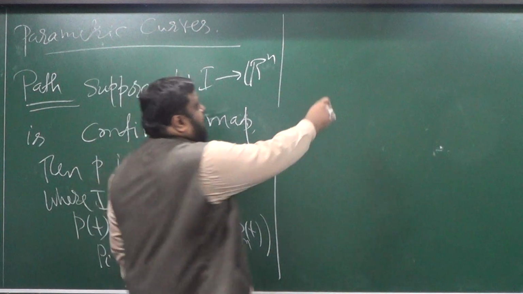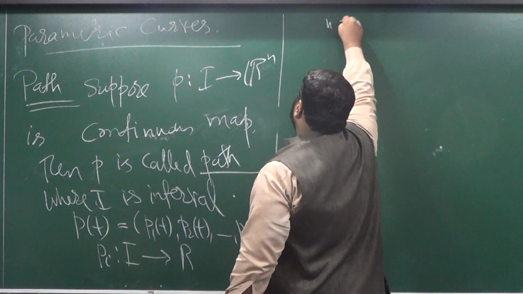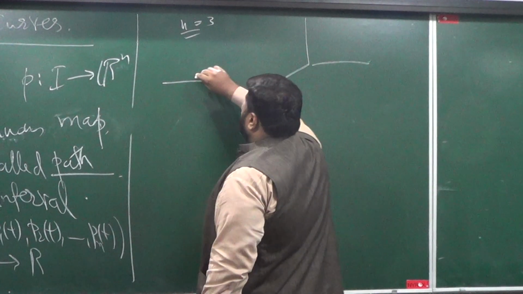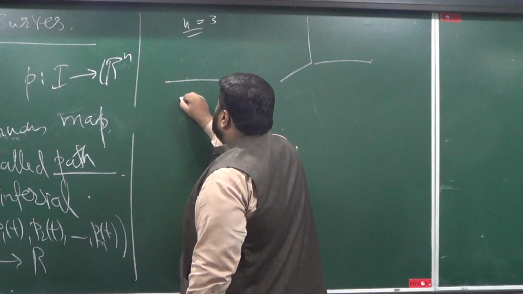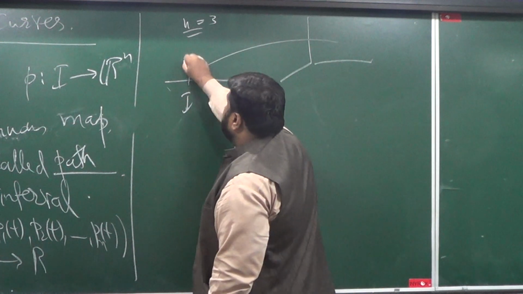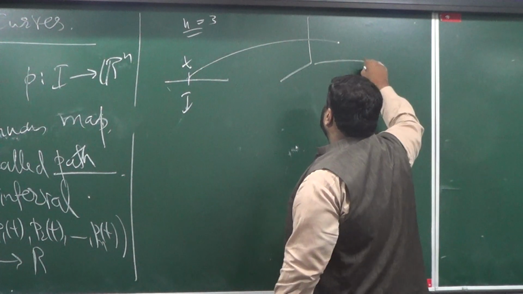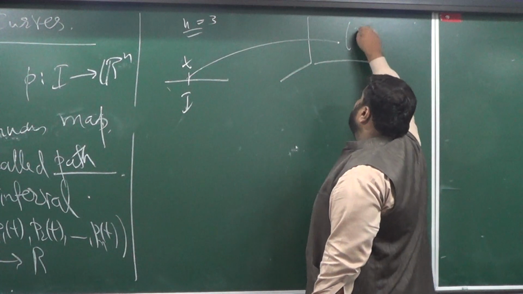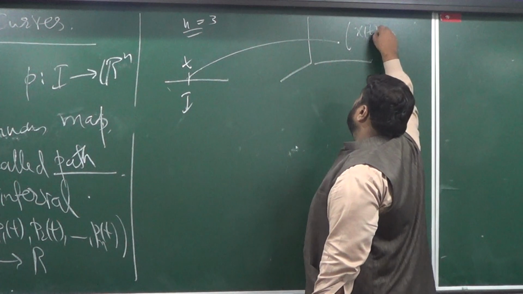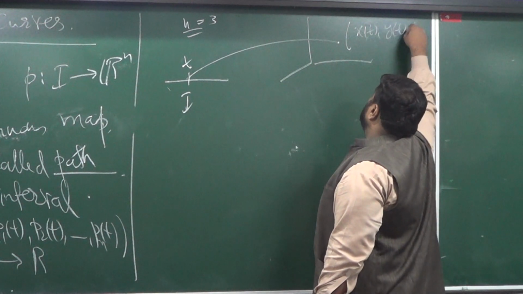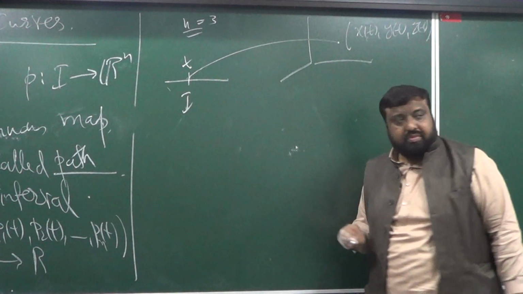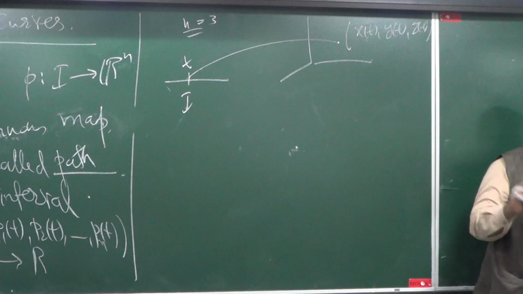So for example in R3, take an interval, that's your interval I, and map every single point of this interval into this space x, y, z. It's an abstract point x, y, z, but x, y, and z depend on the parameter t.